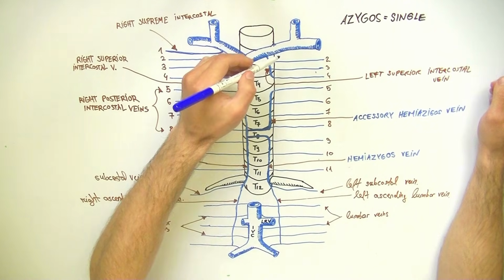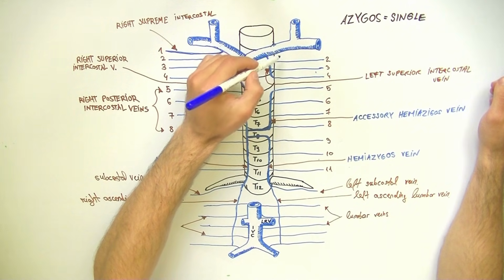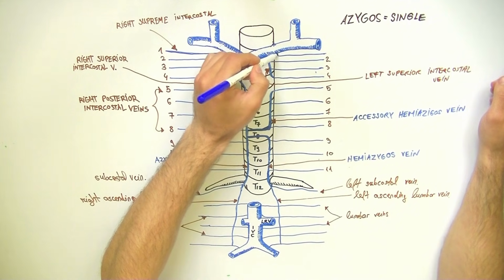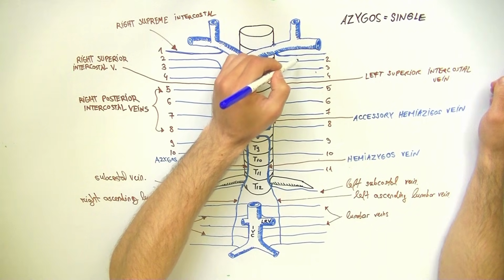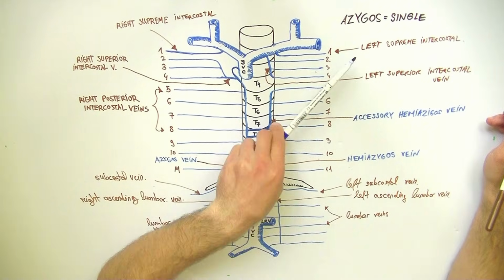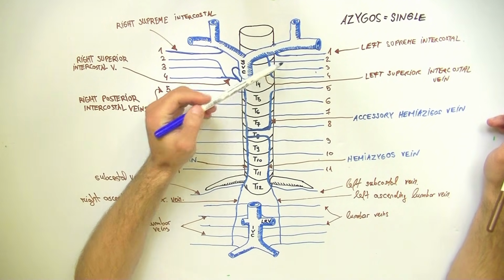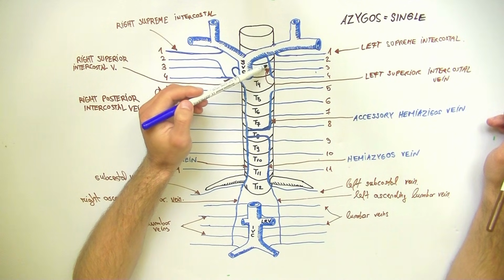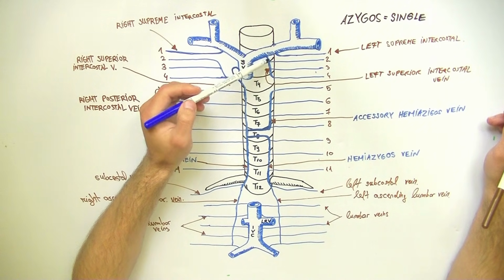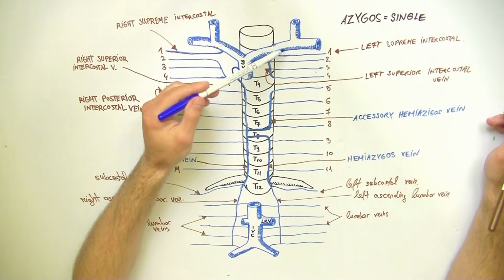And lastly, we have a left supreme intercostal vein, which is actually represented by the left first posterior intercostal vein. As you can see, the left supreme intercostal and the left superior intercostal veins both drain directly into the left brachiocephalic vein.